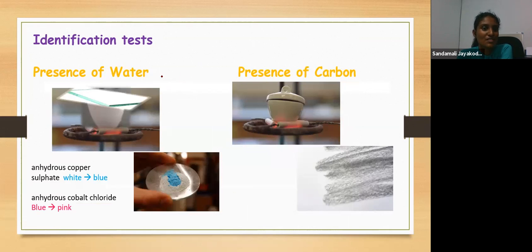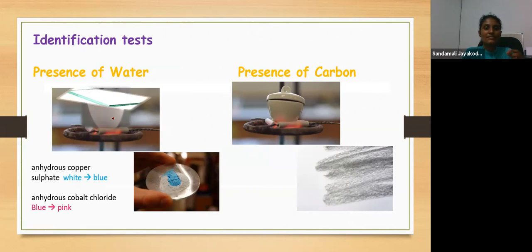To observe if there is water in our food sample, we can take a crucible, put our food in, and heat it. Before heating it, we have to put a piece of glass at the top of the crucible.